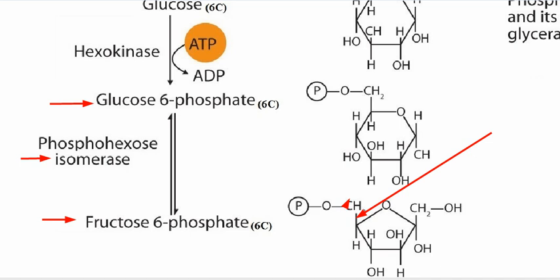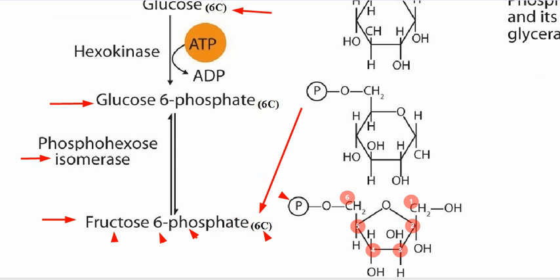On the 6th carbon, there is a phosphate. Please keep in mind, this is also made up of 6 carbons. So glucose was made up of 6 carbons, glucose 6-phosphate was of 6 carbons, and fructose 6-phosphate is also made up of 6 carbons.